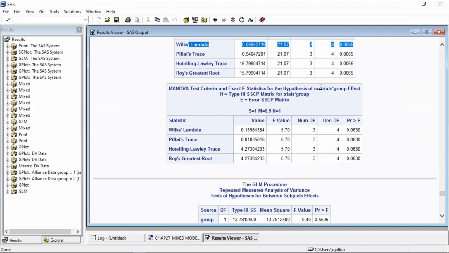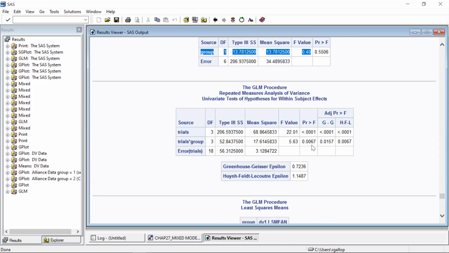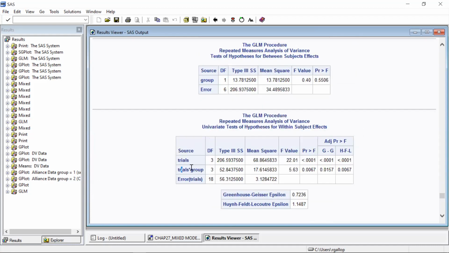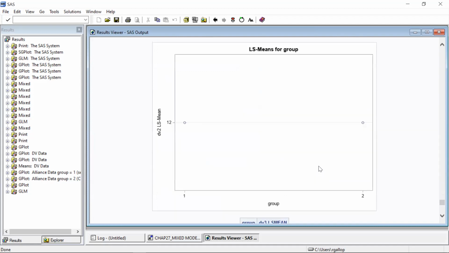This is looking at the trial by group effect, again a little bit of a trend. And this is looking at the between effect for group, which is non-significant. So the big thing we say is that there's a time effect, and this is also giving us the time by group interaction.